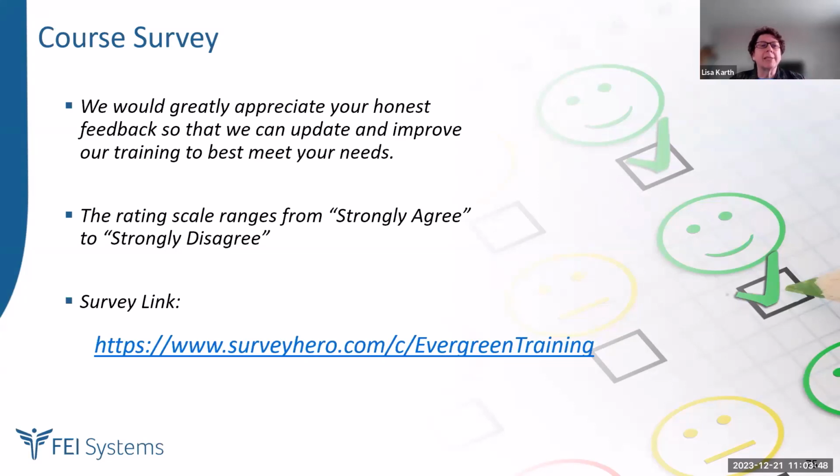I do ask that you read the scale as you make your ratings. It goes from strongly agree to strongly disagree. And there's been instances we've gotten a survey back that says all strongly disagree. And that obviously concerns us.